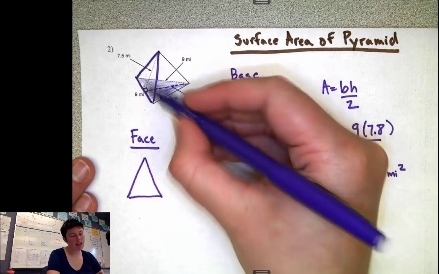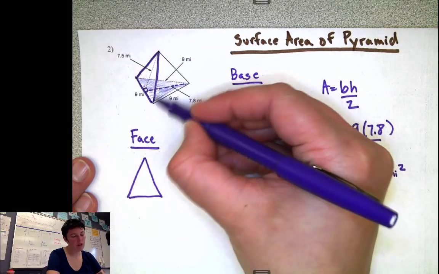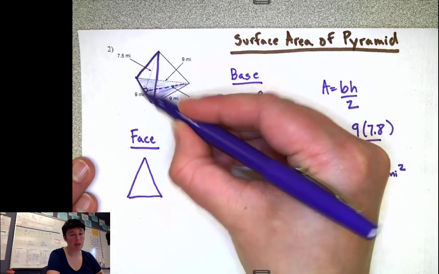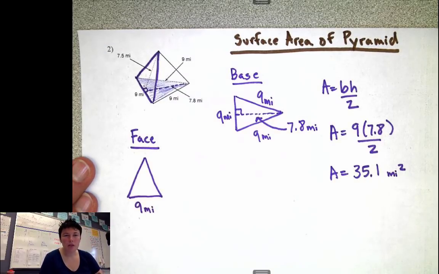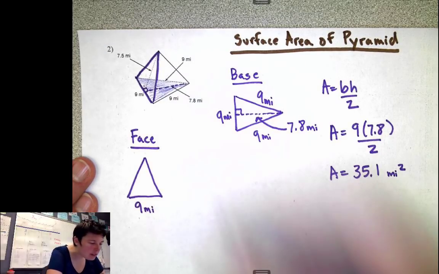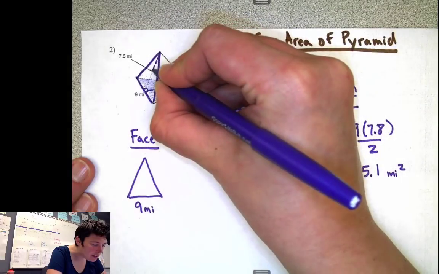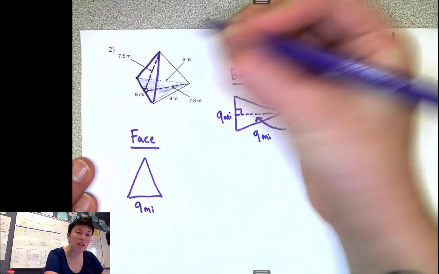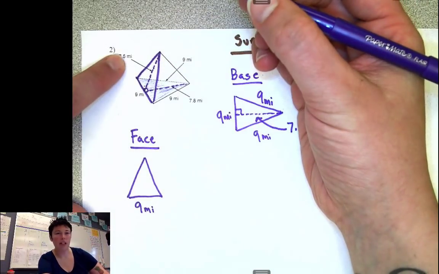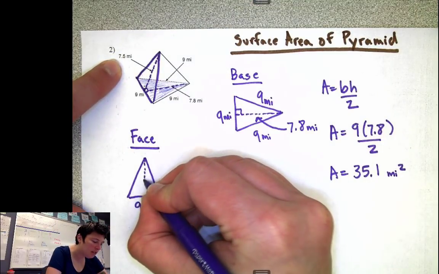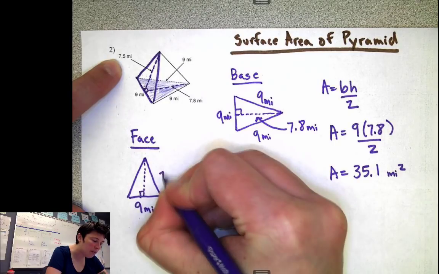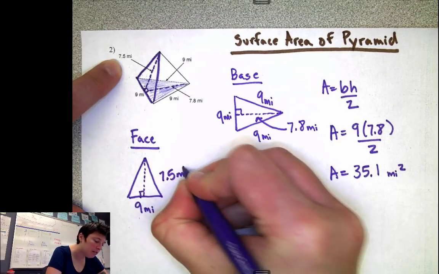So looking very carefully at that triangle, on the bottom I see it's 9 miles across. So here's 9 miles. I can also see in my picture another one of those light, faint dotted lines, making a 90-degree angle. And you can see the little arrow pointing to it here. It says 7.5. So right down the middle, I see a measurement of 7.5 miles. Right there.